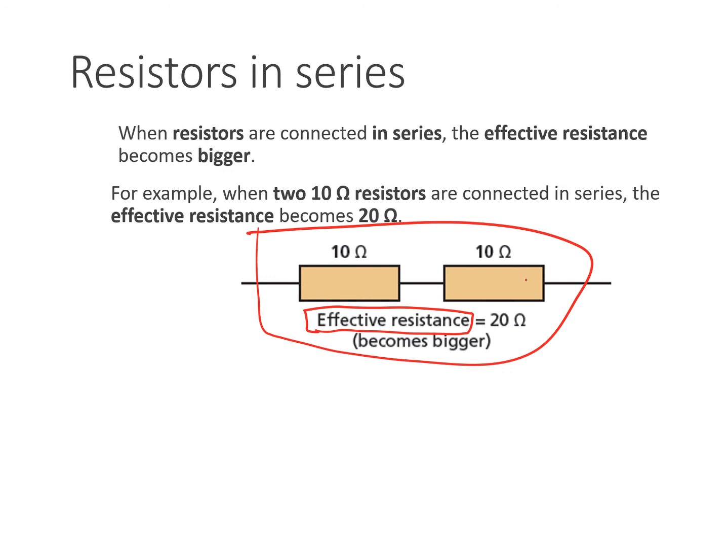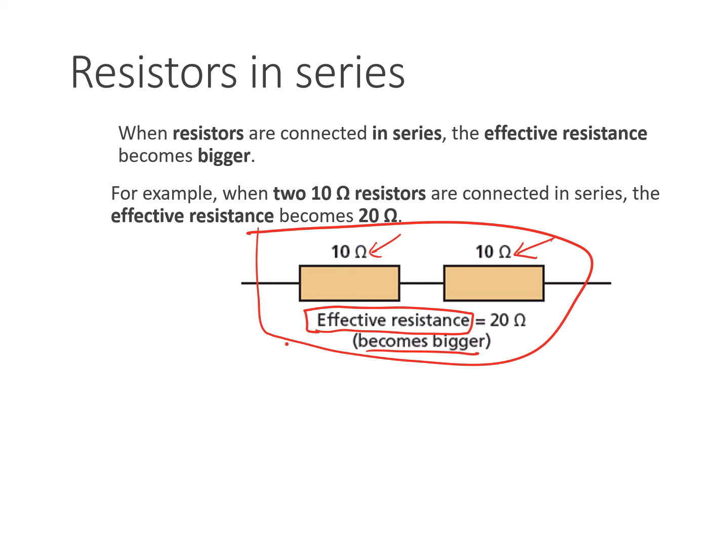When two resistors are side by side in series, the effective resistance becomes larger. Each one is 10 ohms, 10 ohms. When I combine them together, the effective resistance will be larger.